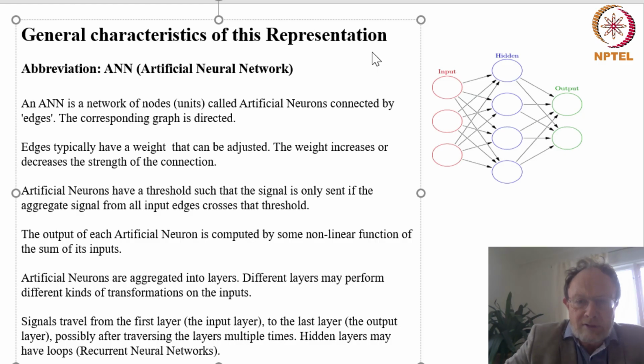And the layers may have different functions in the computation. And signals travel from the first layer, the input layer, to the last layer, which is normally considered the output, possibly after traversing the layers several times. So hidden layers may have loops, one variant of which is called recurrent neural networks.